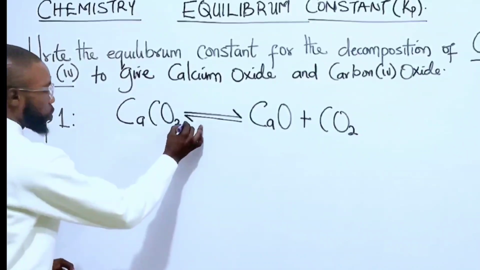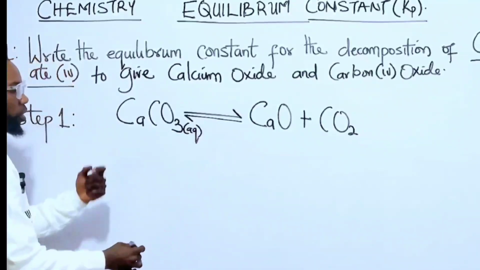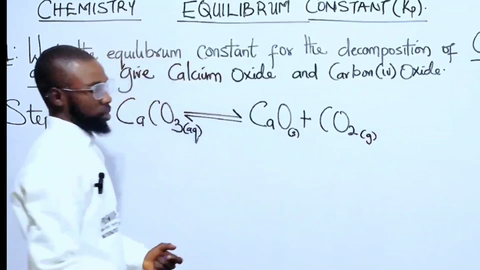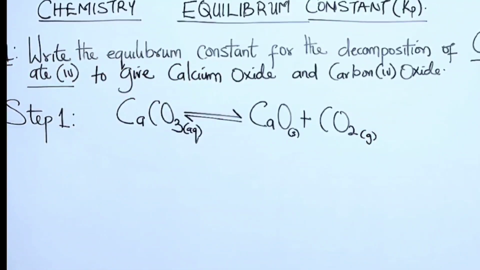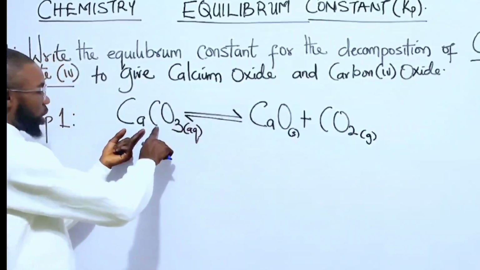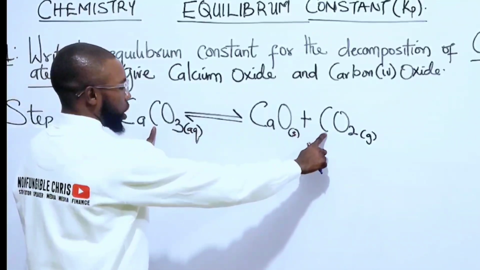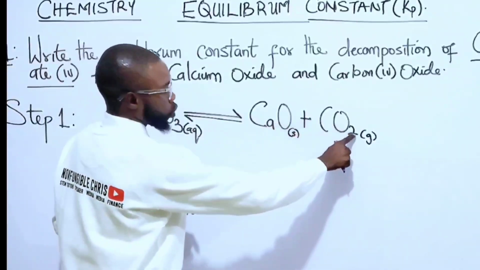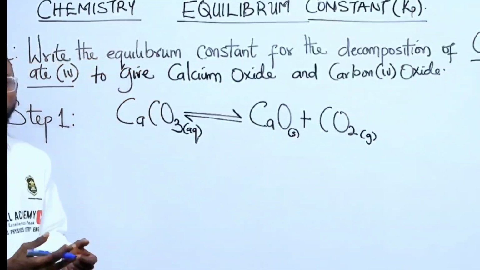The calcium trioxocarbonate IV is solid, our calcium oxide is solid, and our carbon IV oxide is a gas. Let's check if the equation is balanced. We have 1 calcium here, 1 calcium here. We have 1 carbon here, 1 carbon here on the product side, and we have 3 oxygen here. We have 1 plus 2 oxygen, which means the equation is balanced.